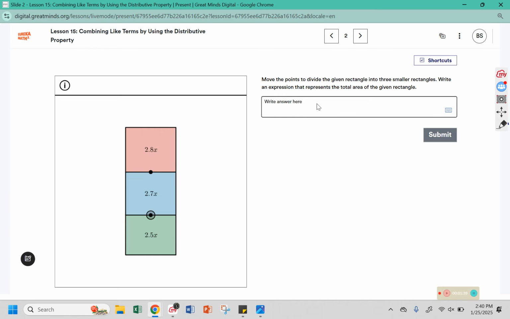We're going to add these three chunks together. So the red plus the blue plus the green will give us the total.